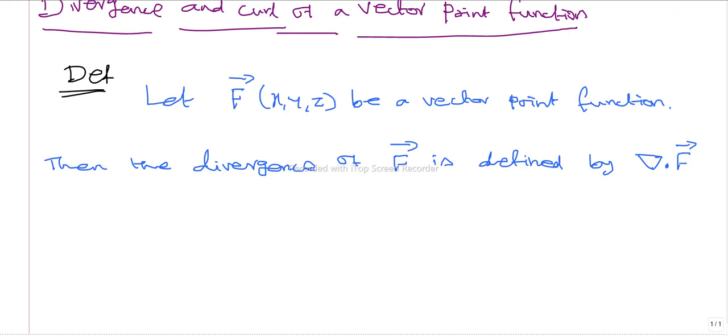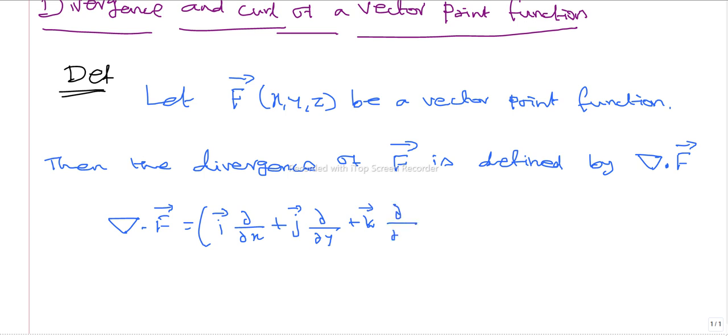So what is actually del dot f? Del is an operator. So del dot f is nothing but, del is an operator, i vector into dou by dou x plus j vector into dou by dou y plus k vector into dou by dou z, dot product with the vector f.